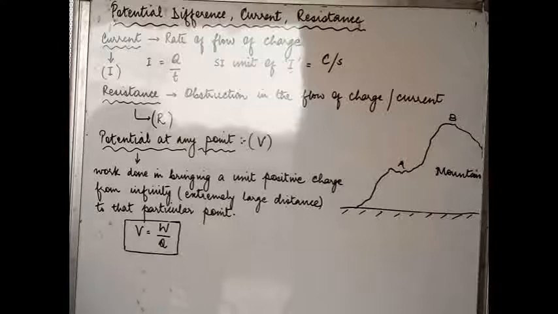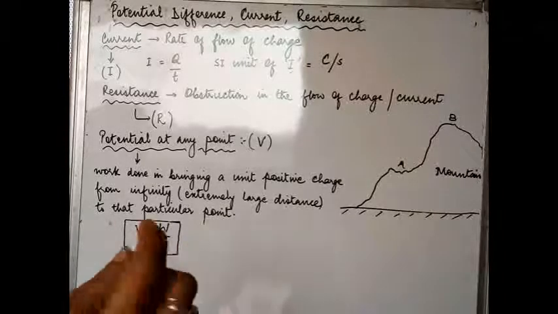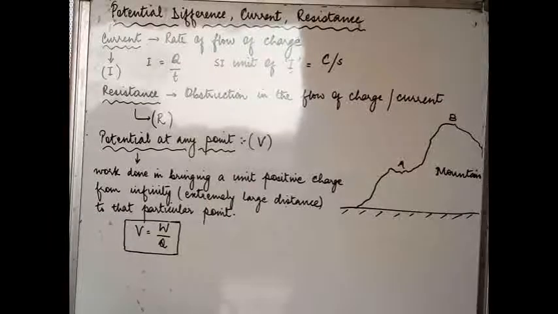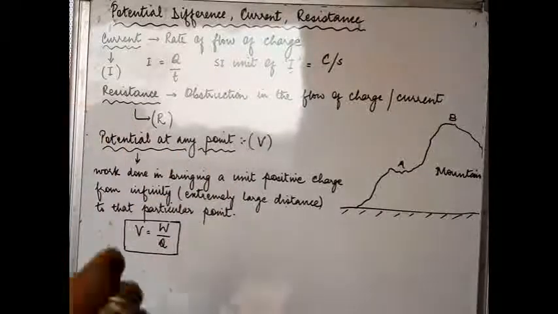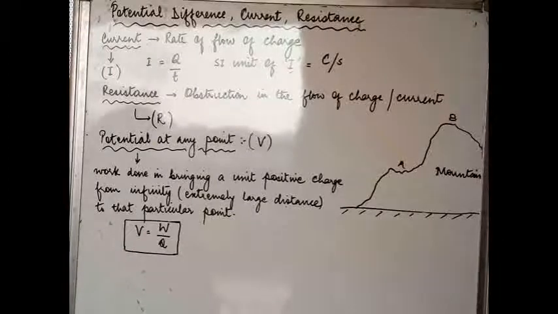So what is important and logical for you to understand is that the more the obstruction, the more the resistance, the lesser the current. Obviously you can consider again a very basic example. Consider yourself moving on a bike on a road. If the road is busy, you will not be able to move ahead at a faster pace. You will have a lot of obstruction because of the rush on the road or because of the number of people on the road.